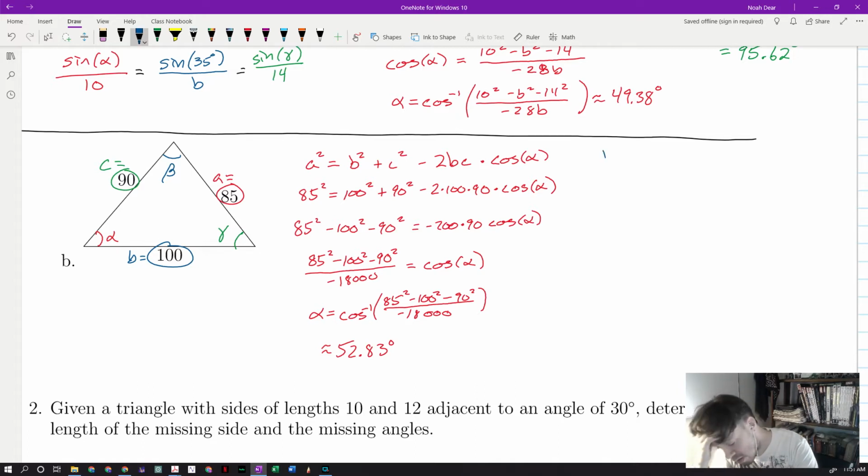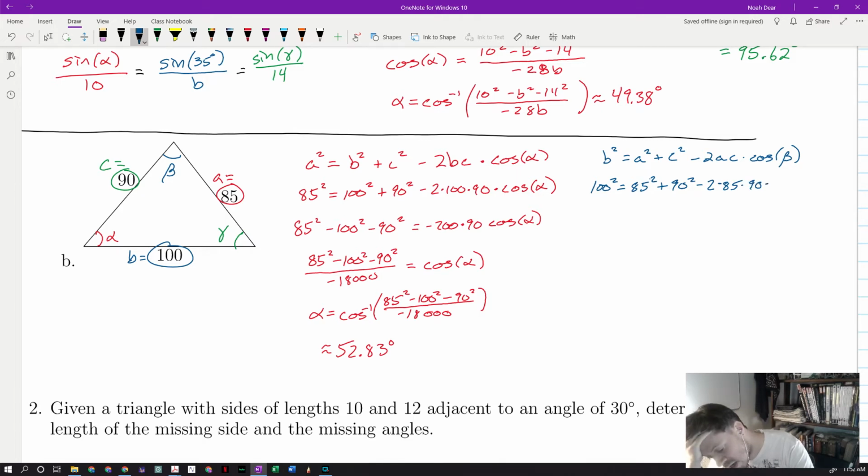So for beta, the equation will be b squared equals a squared plus c squared minus 2ac times the cosine of beta. I hope you guys are starting to see that symmetry that I'm talking about, where it's the same equation, just rotating the letters through there. So in this case, we'll have 100 squared equals a squared is 85 squared plus c squared is 90 squared, minus 2 times a is 85 times c is 90 times the cosine of beta.